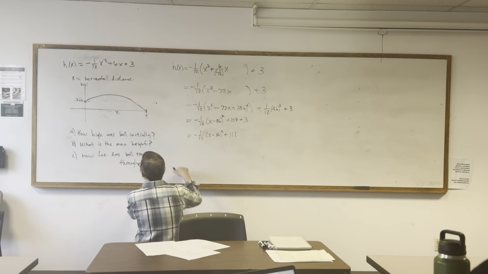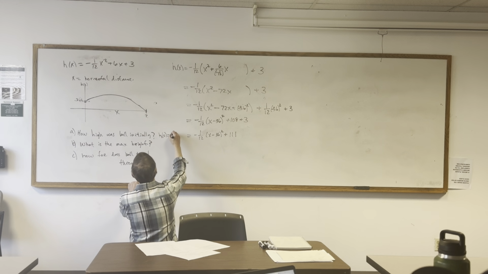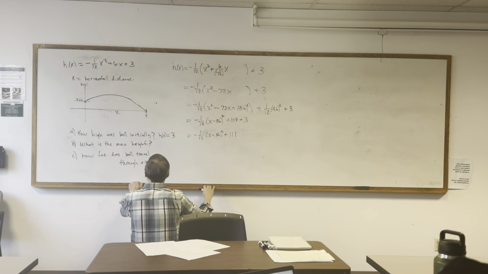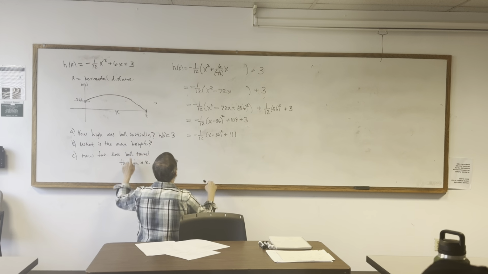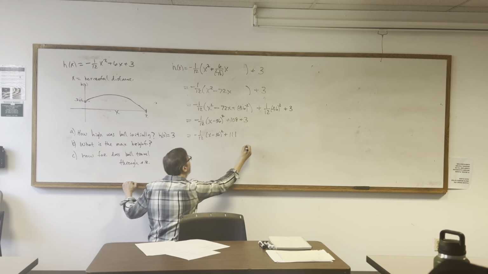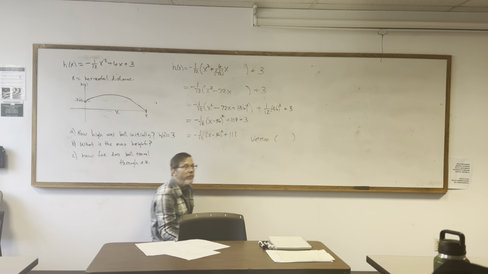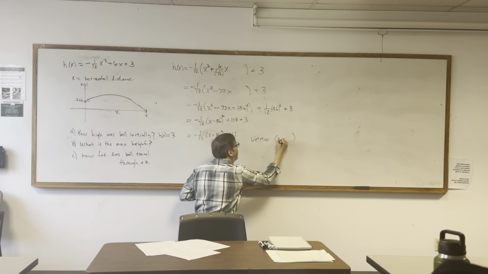Okay, cool. So the initial height here is basically just what is h at 0, and that is 3. That's probably easiest from up there. Otherwise, here you've got to go back and do a bunch of work. What is the max height? So where's the vertex of this thing? Where's the 36? 36, comma 111.